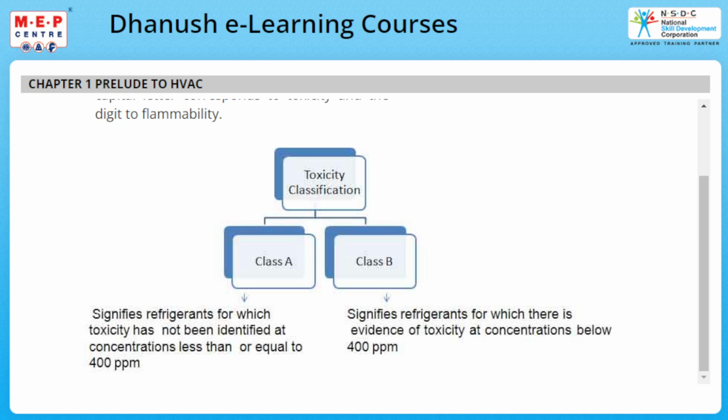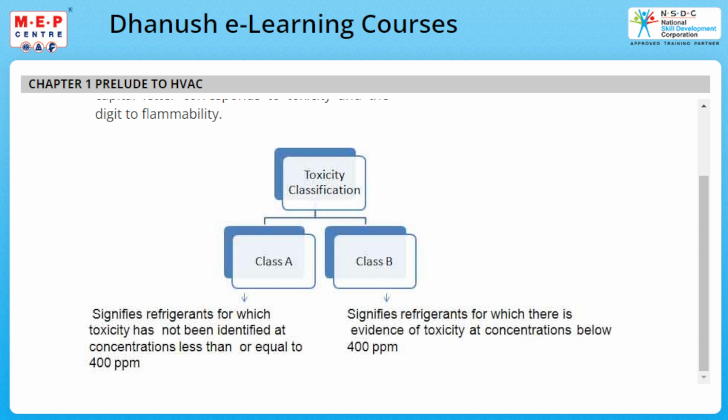Class A signifies refrigerants for which toxicity has not been identified at concentrations less than or equal to 400 parts per million. Class B signifies refrigerants for which there is evidence of toxicity at concentrations below 400 parts per million.